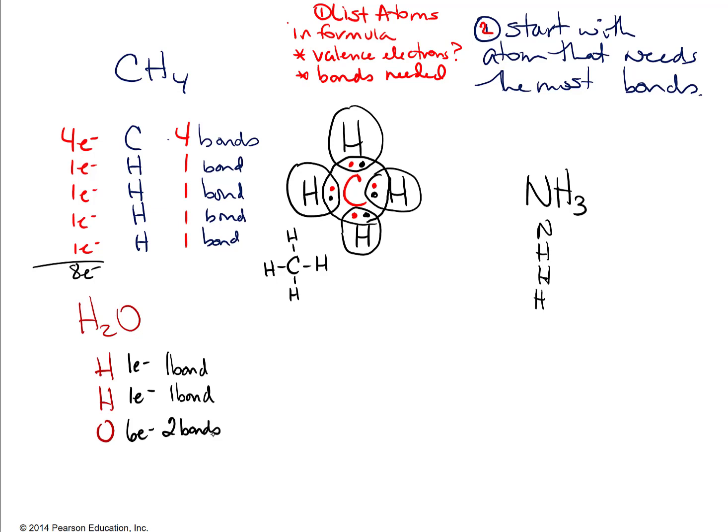So other than hydrogen, it's just how many bonds does it need to have that 8? Start with the oxygen, put it down 1, 2, 3, 4, 5, 6. Doesn't matter how, you're going to have 2 sides that'll have pairs and 2 sides that'll be single. So I usually just start and go 1, 2, 3, 4, and then start pairing, doubling them up. Put a maximum number of 2 at the top or 2 on the left or right or below.